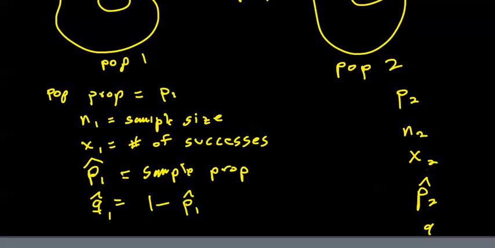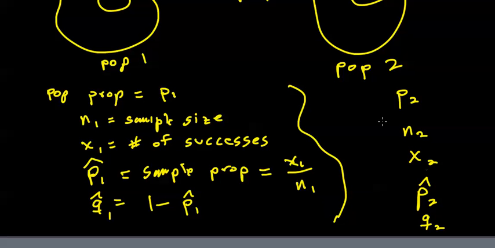Oh, I ran out of room at the end. Q2, I want to squeeze in there. And they're similarly defined as in the first population, so I won't bother writing down the definitions. Okay? Well, let me write something here. The sample proportion is always your raw count of number of successes divided by the sample size, but I'm betting we already knew that. Okay?